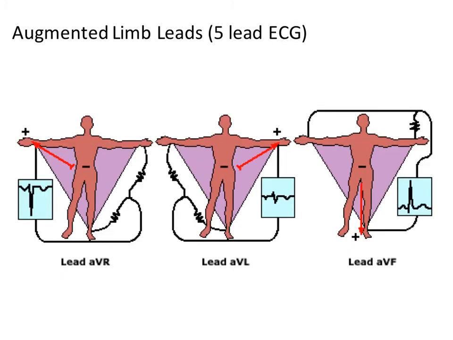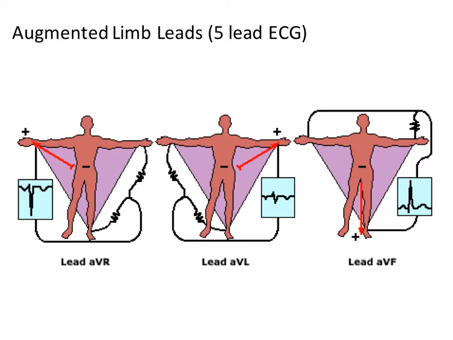The second system is called augmented limb leads, or the 5-lead ECG. In addition to the 3 leads we saw earlier, which were lead 1, lead 2, and lead 3, by combining some of these leads, we're able to get additional information.